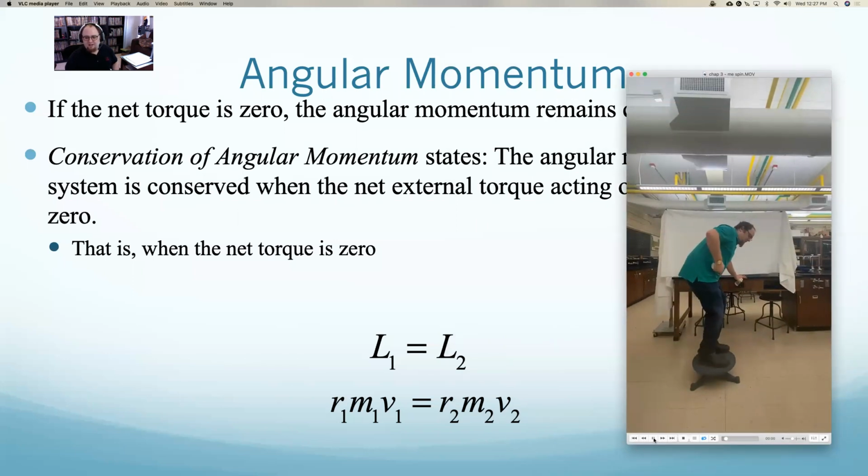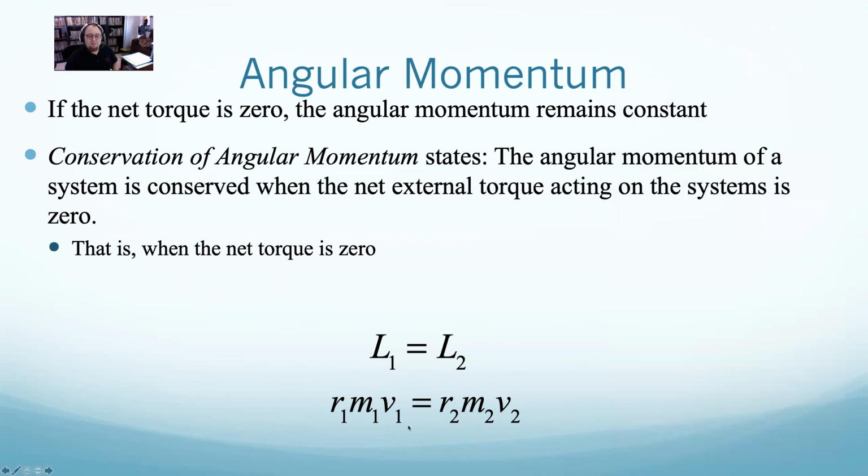If I get on a thing and start spinning with my arms out, when I pull my arms in, I decrease my radius. But if I decrease my radius, I speed up. The reason I speed up is because angular momentum must be conserved. If I change my radius, I have to change my velocity.